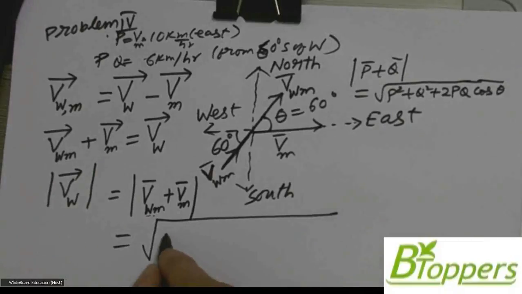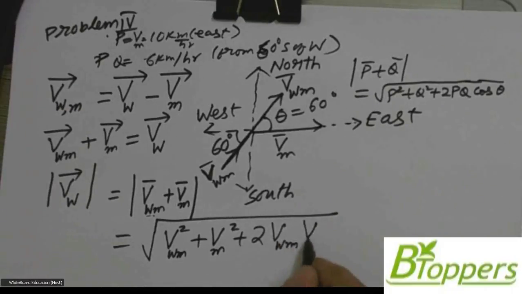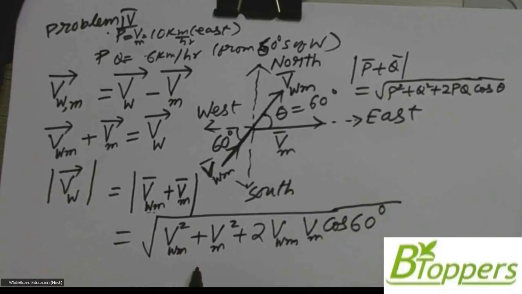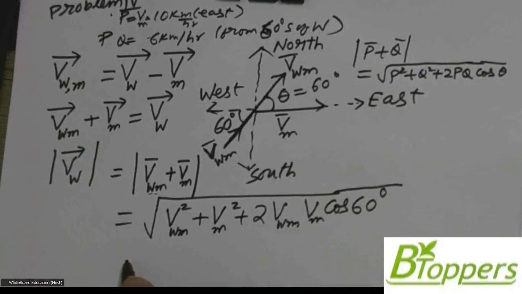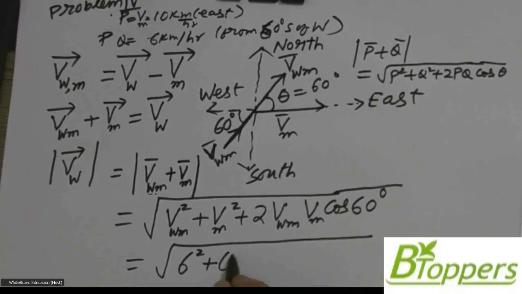So you get the square of the magnitude of relative velocity of the wind with respect to the man plus square of the magnitude of velocity of the man plus 2PQ cos theta. So the angle theta is 60 degrees. You can substitute the given values now. The magnitude of the relative velocity of the wind with respect to the man is 6 km per hour. Magnitude of velocity of the man is 10 km per hour.